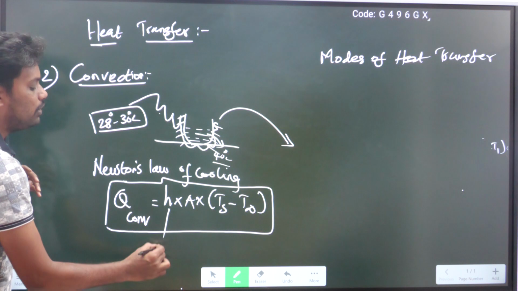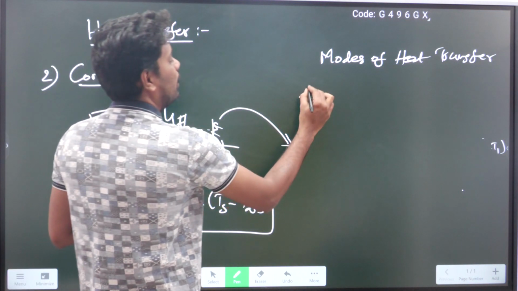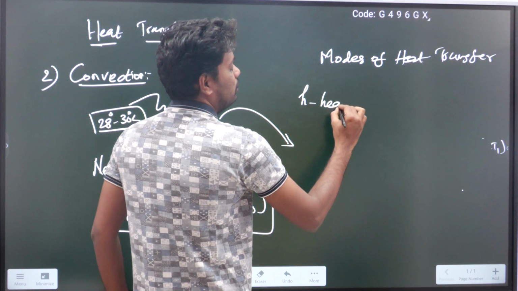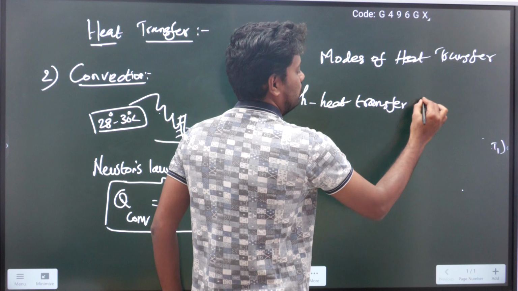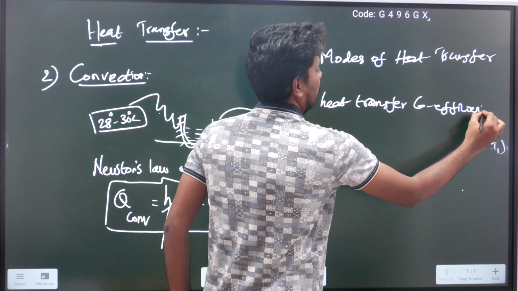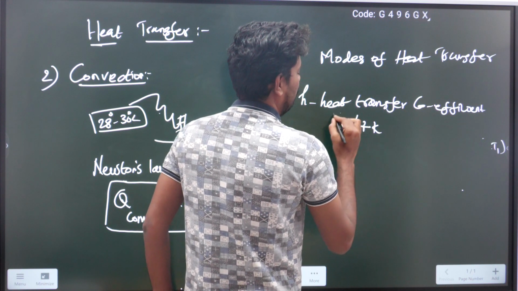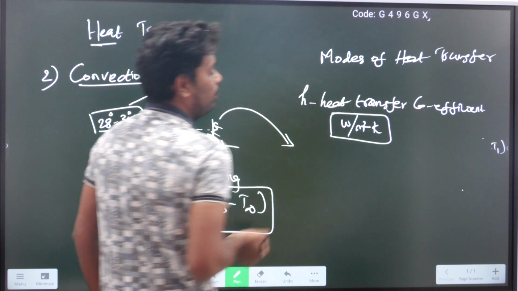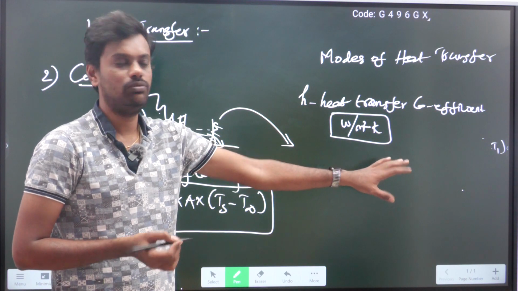Here there is one new parameter, which is called h. h is the heat transfer coefficient. The unit for h is watt per meter square Kelvin. This is also a constant value that will vary with respect to the temperature of the surrounding.